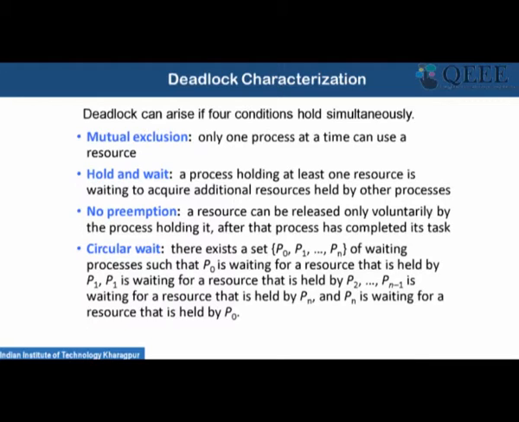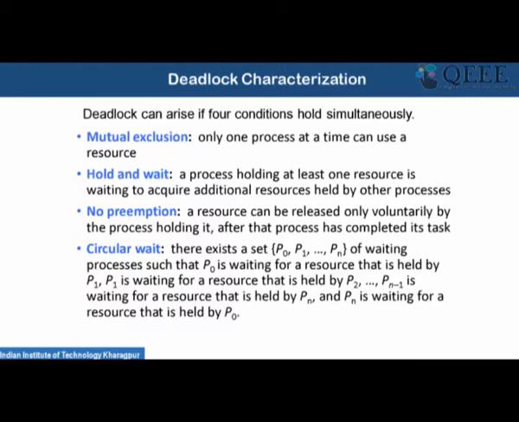You have to ensure these 4 conditions for a deadlock to happen. One is mutual exclusion, that means only one process at a time can use a resource. The second is hold and wait, a process holding at least one resource is waiting to acquire additional resources. Third, there is no preemption, because if there were preemption, you could preempt a process and release the resource. And there is circular wait, which is the important condition.